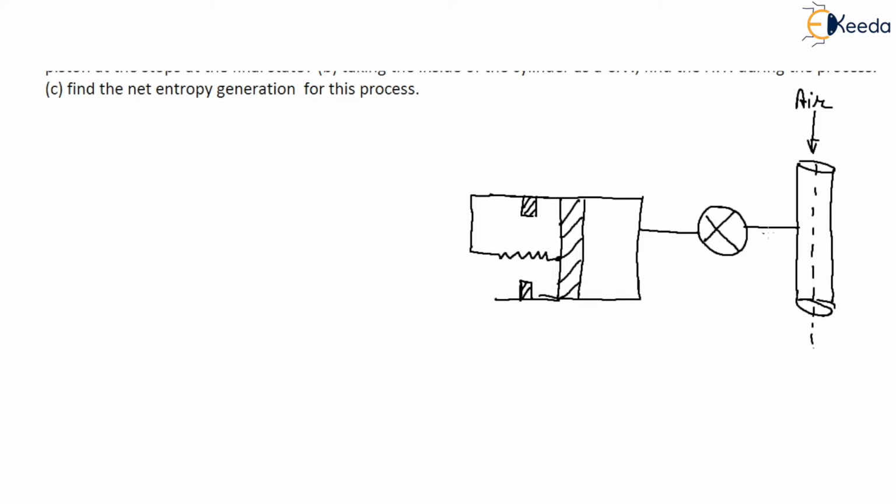And the surrounding temperature is given, it is 10 degrees centigrade. This is our inlet, I. Now this is the air line. So there is air supplying through the air line, and with it we are filling a tank. The tank is arranged like that, a piston cylinder with a spring.